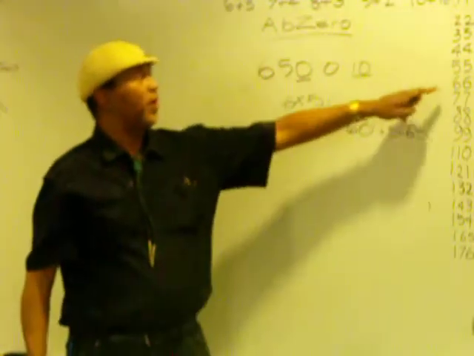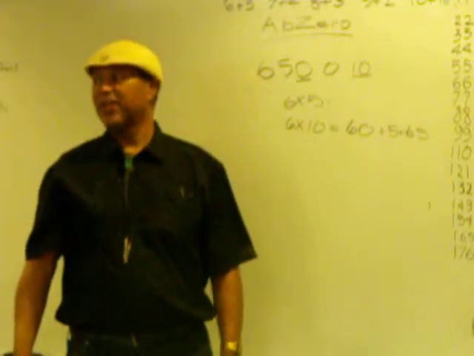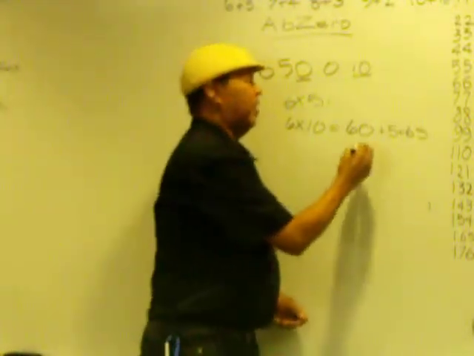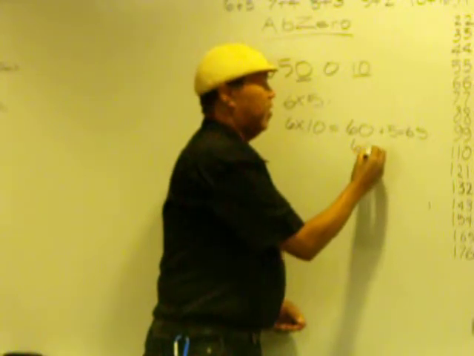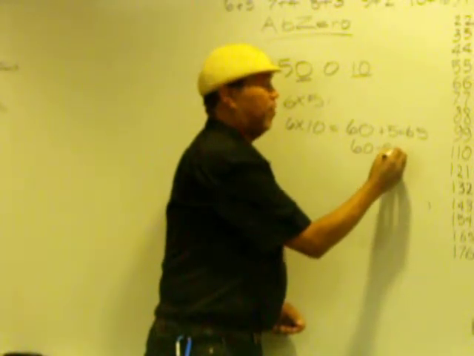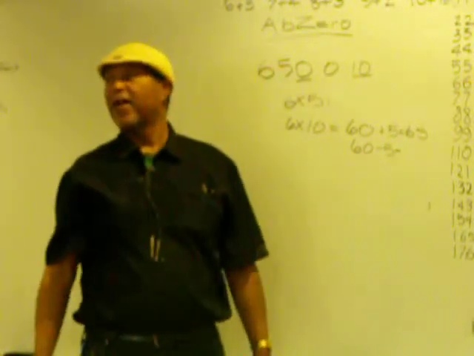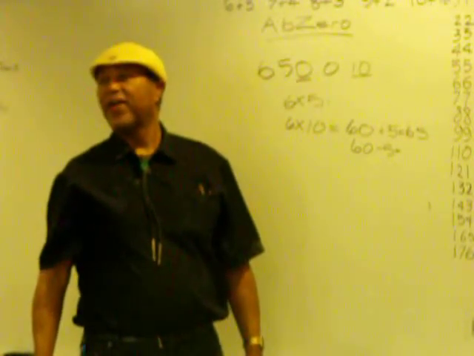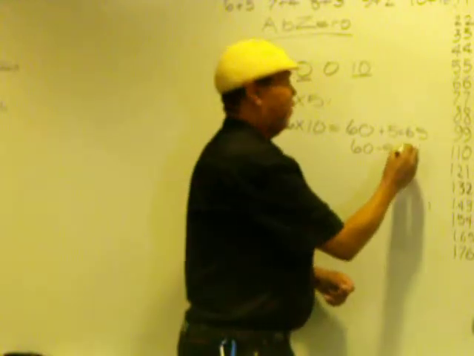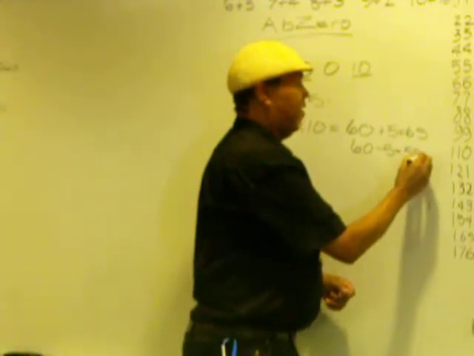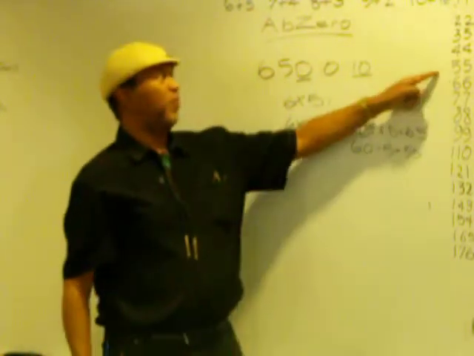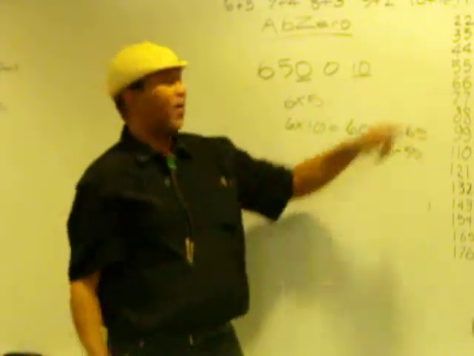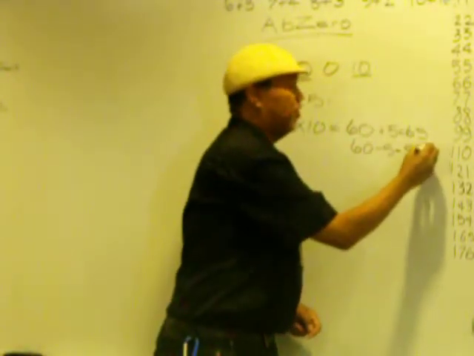And that doesn't work. We have to make it to 66. How about 60 minus 5? What does that mean? 55. And is 55 a multiple of 11? Yes. All right, so we have one solution.